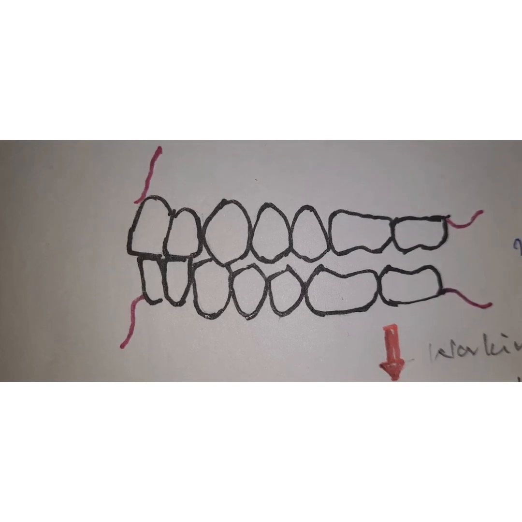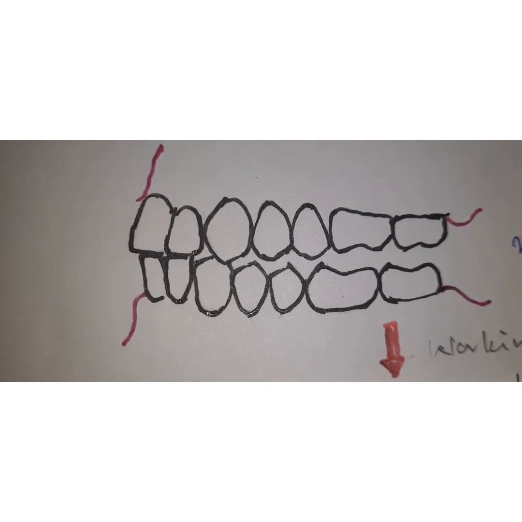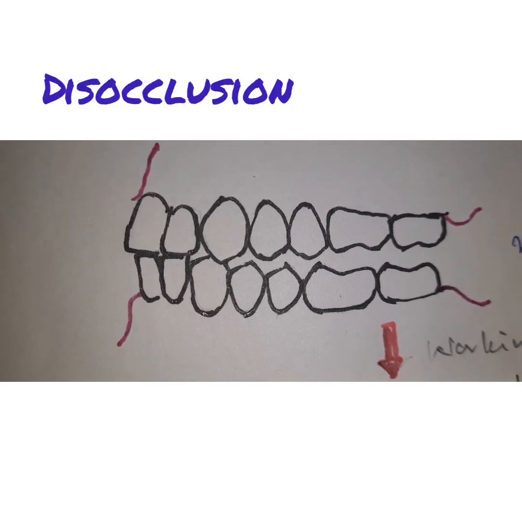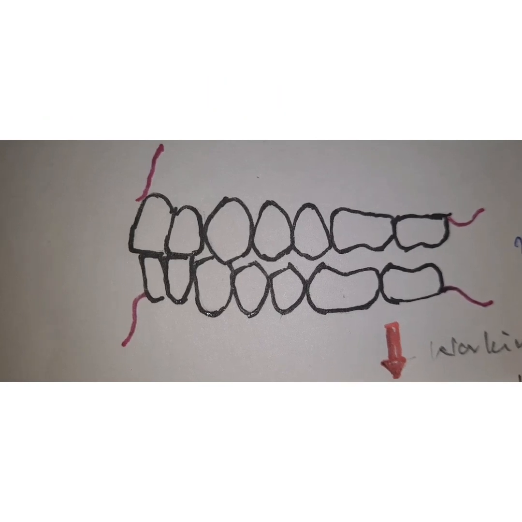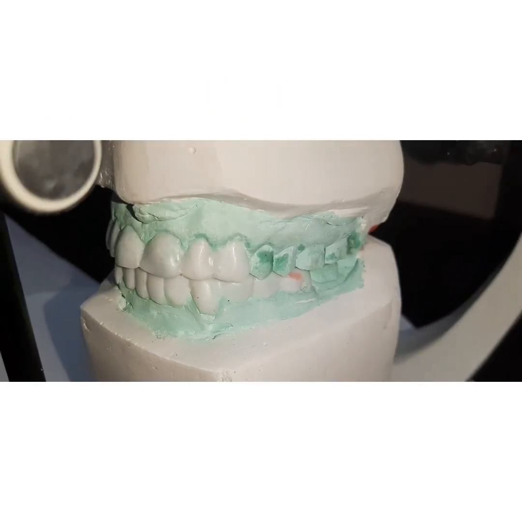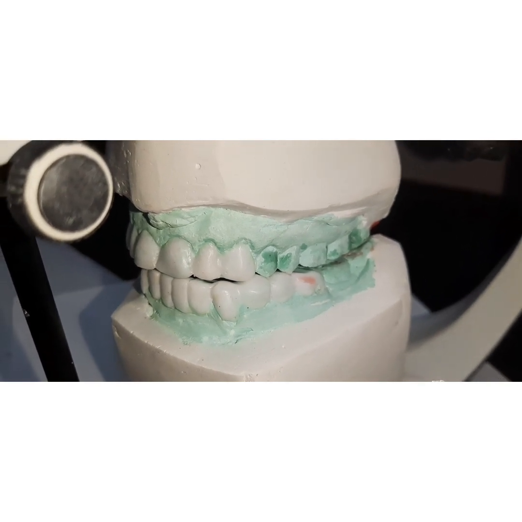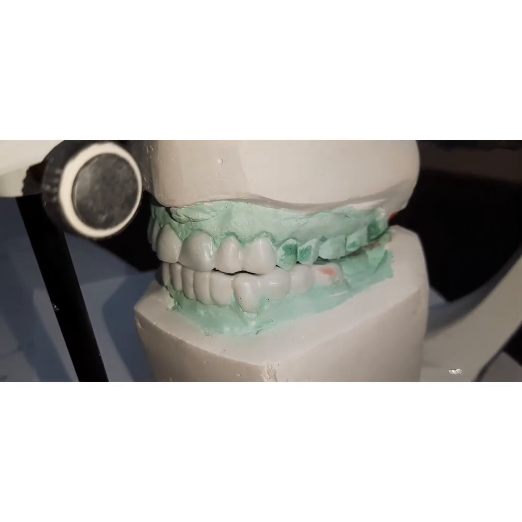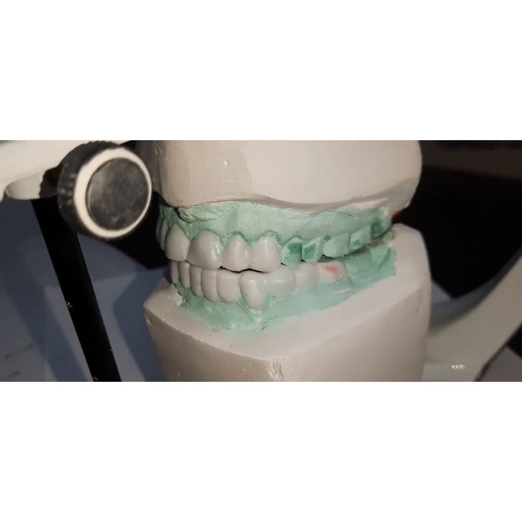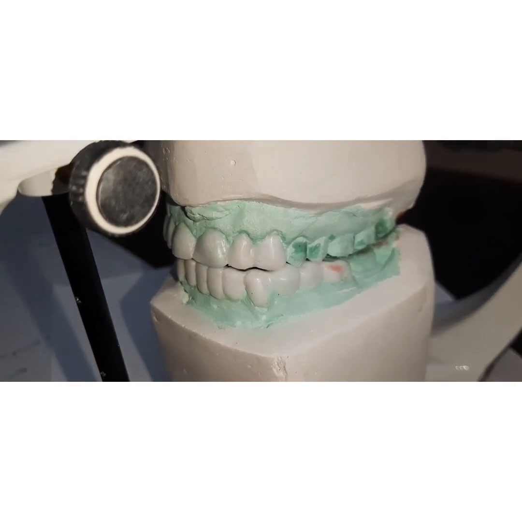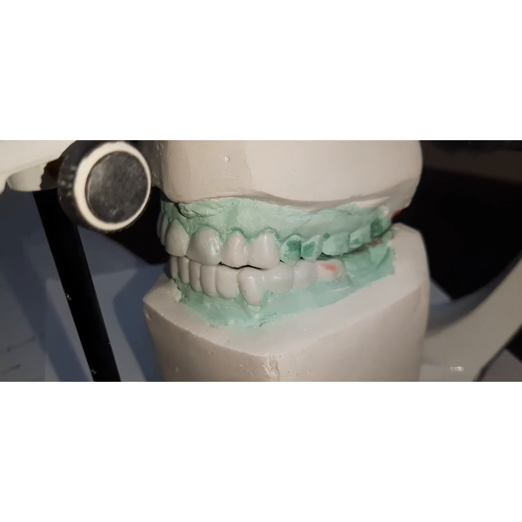This separation of occlusion is called disocclusion. That is, when the patient is moving the jaw to one side, there is only contact at the canine region and no other teeth are contacting on the working side and also on the balancing side.